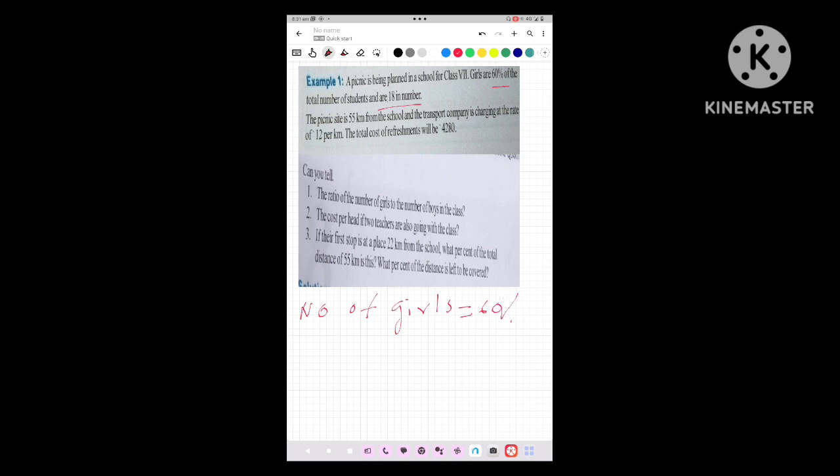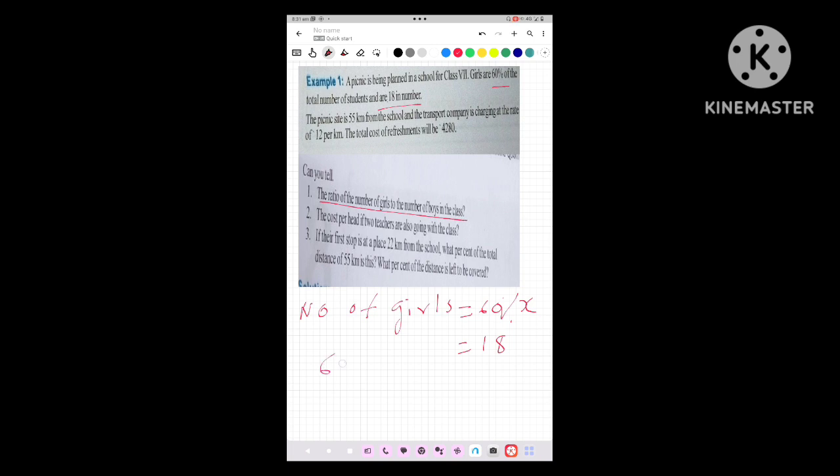The total number we don't know, so we have taken it as x. 60% of x is equal to 18. If we do this, we will get the total number of students. If we get the total number of students and the number of girls is given, we can find out the number of boys. The first question is the ratio of the number of girls to the number of boys.